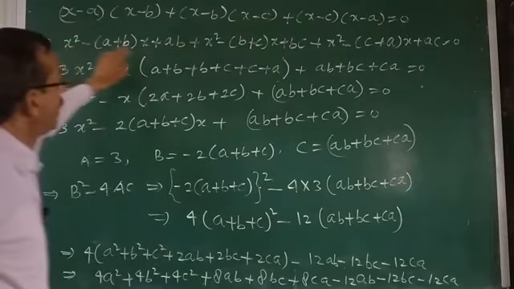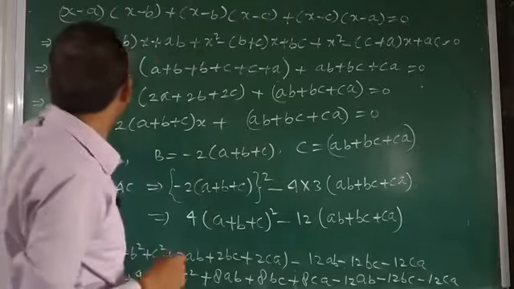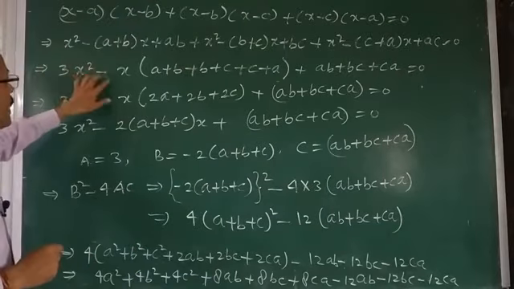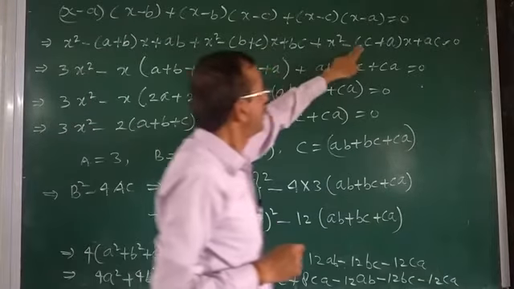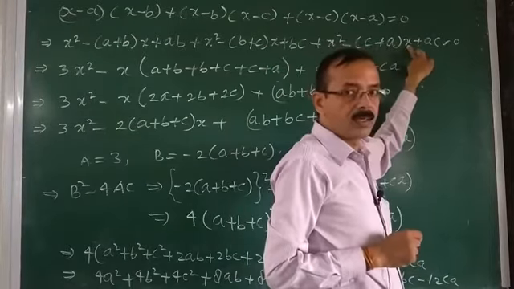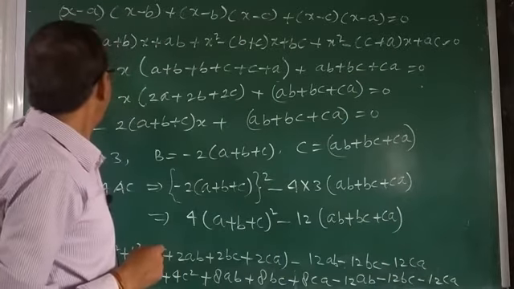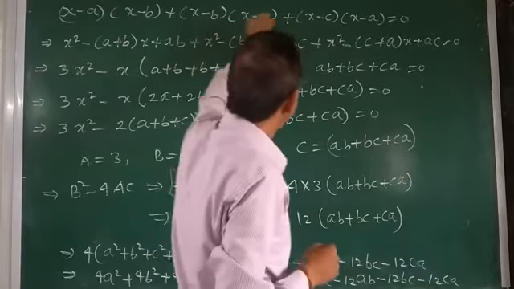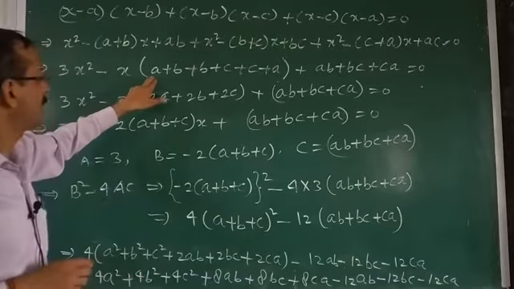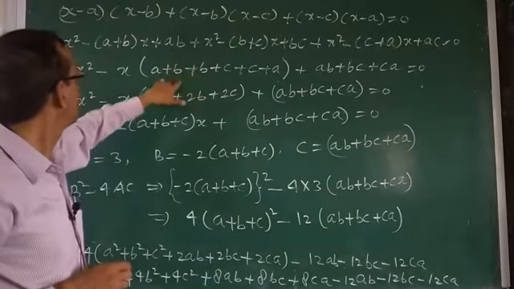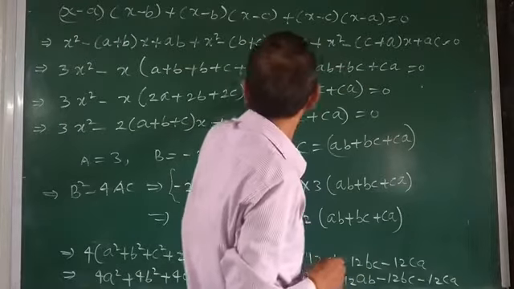Then x square plus x square plus x square gives 3x square, minus ax, bx, cx. Simplifying, take minus x common from all: inside the bracket a plus b plus b plus c plus c plus a.